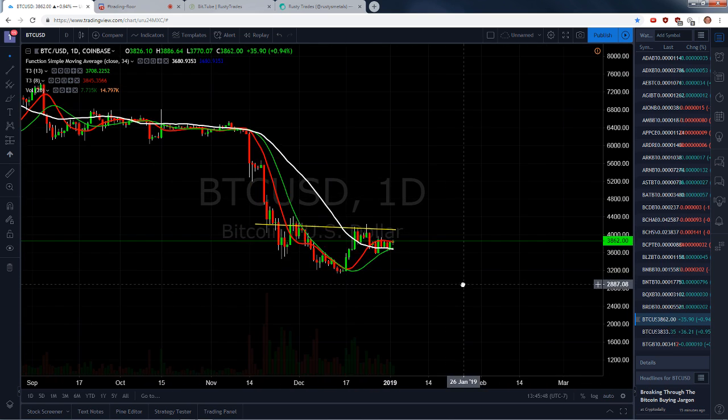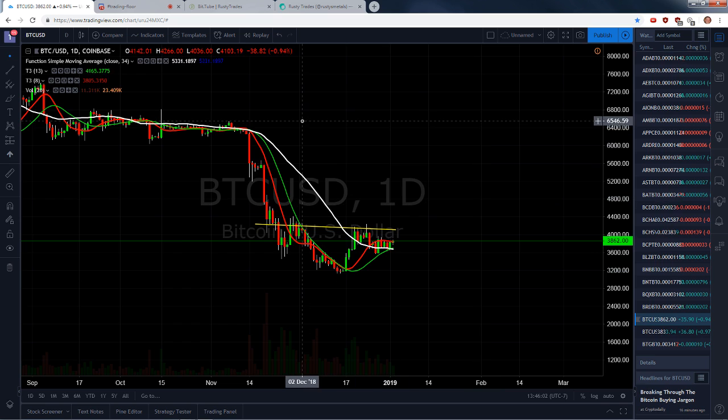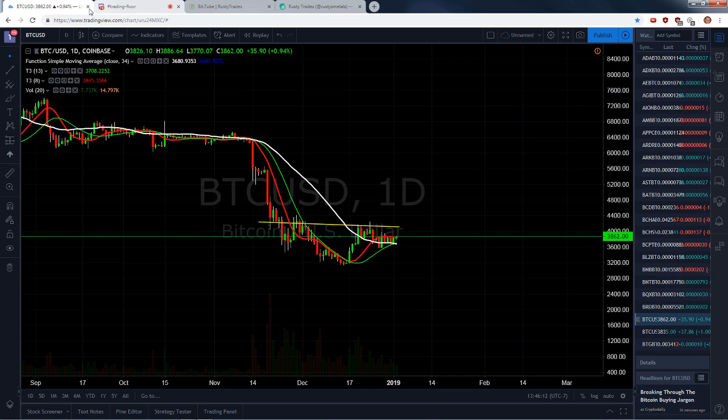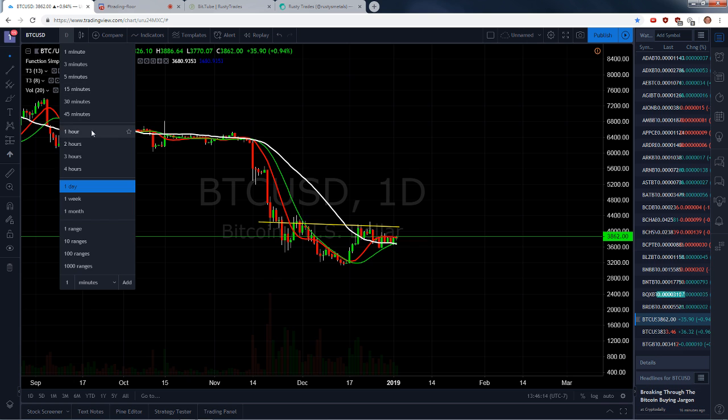Let's watch for a continuation. Where's our target? Previous lows, 5,200, all the way into 6,000. Could be a nice double, even 50 to 75% move. I bet you people will wake up at that time. Once you see a move into resistance, watch for an opposing point for the continuation. Key, those opposing points.